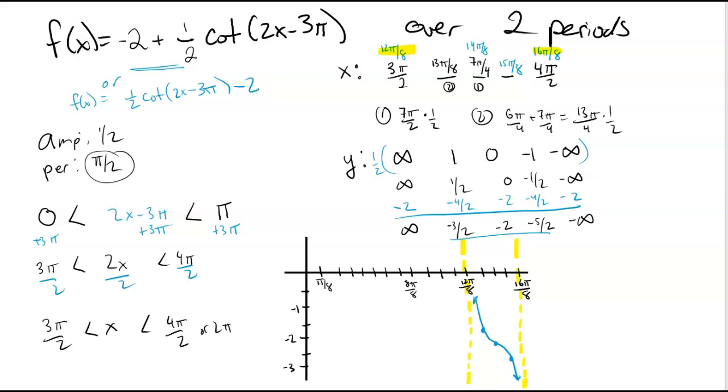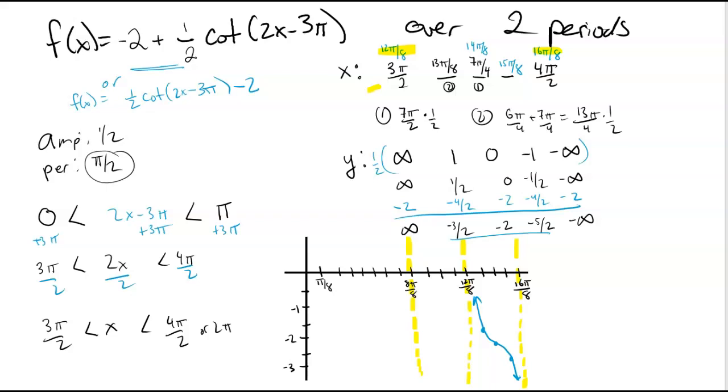So it should look like that. And again, I can make my second period. I just have to count 3 more. So 1, 2, 3, and then my 4 is going to go right there. And again, my period is between pi and 12 pi over 4, because pi and 3 pi over 2 is still a period of pi over 2.